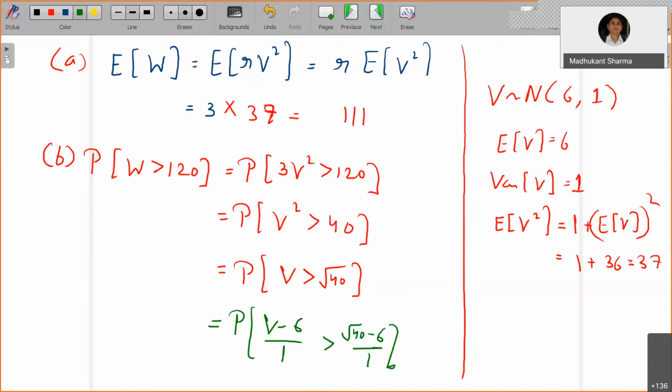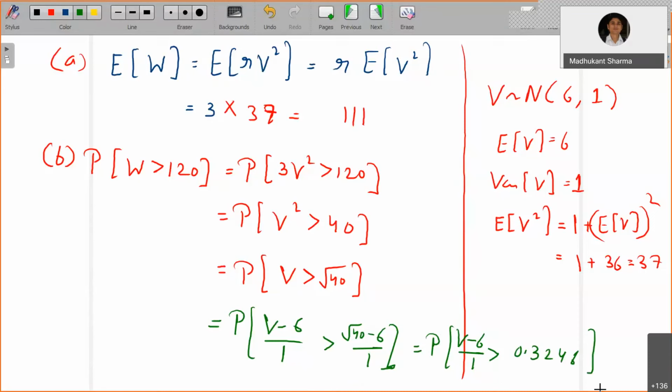If we evaluate this value by calculator, that's going to be 0.3246.